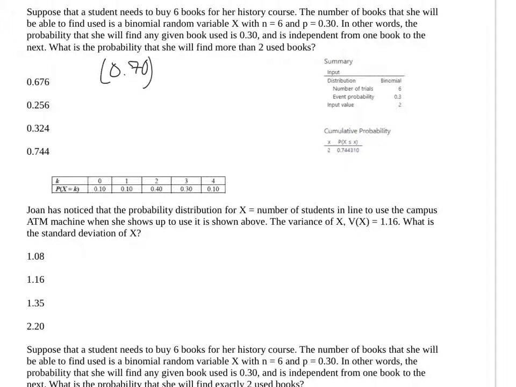And if that happens with all 6 books, you can raise that to the 6th power. That just means I'm multiplying this by itself 6 times, so 0.7 times 0.7 times 0.7 times 0.7 times 0.7 times 0.7. Or you can plug this into your calculator. It's a lot simpler. So that's the probability of getting 0 used books.